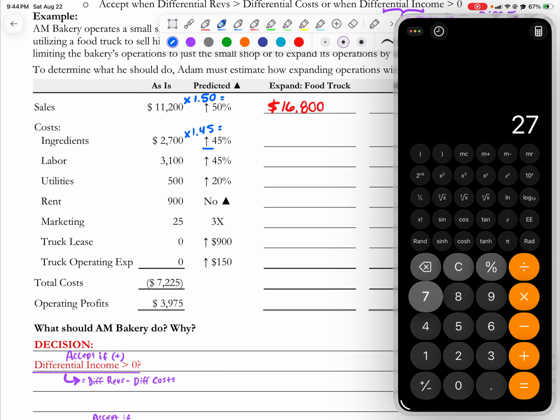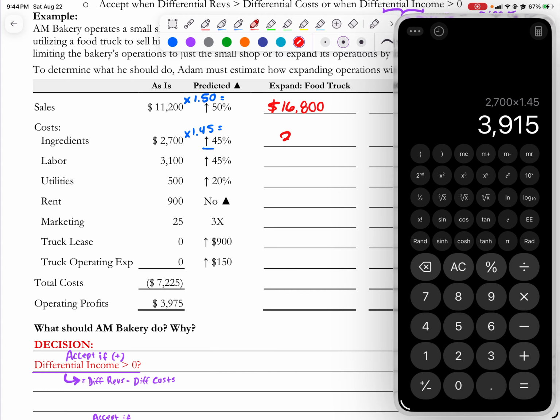So the ingredient cost going up 45% comes to $3,915 total for the food truck.